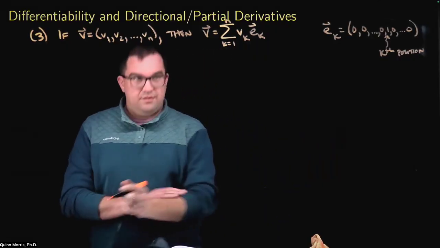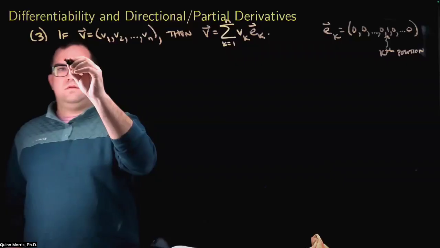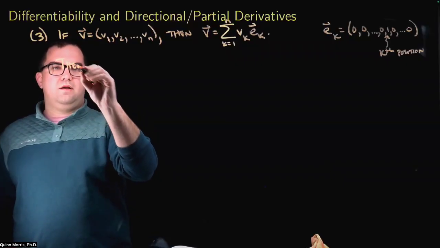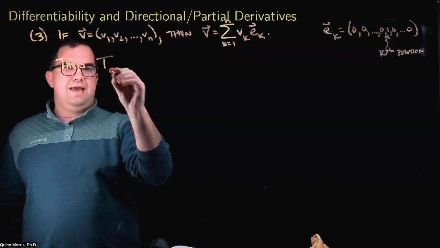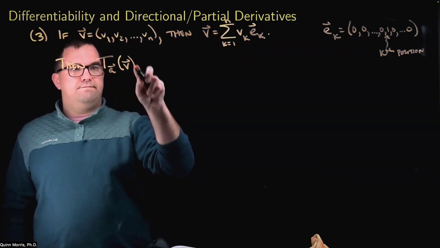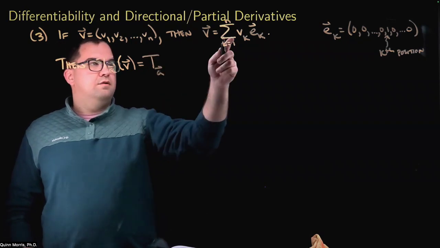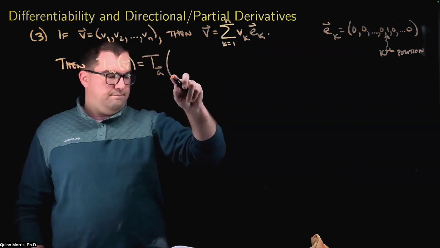Now, if I do that, then if I look at T sub A of v, well, that's going to be T sub A of this thing.